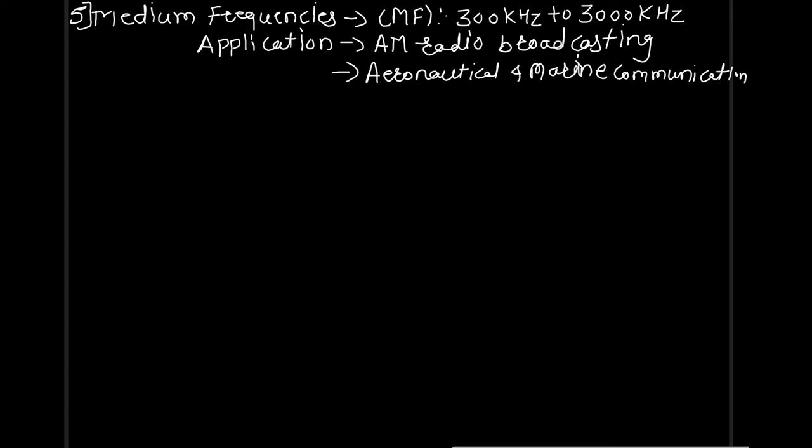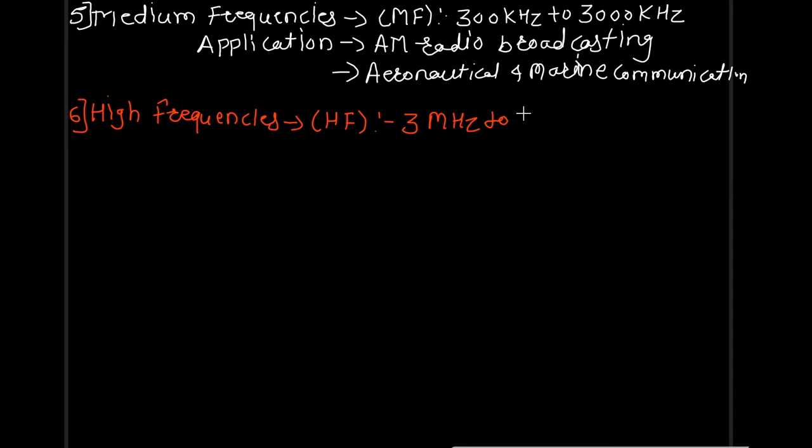Next one is high frequencies, which is abbreviated as HF. The range for this particular frequency is 3 MHz to 30 MHz.